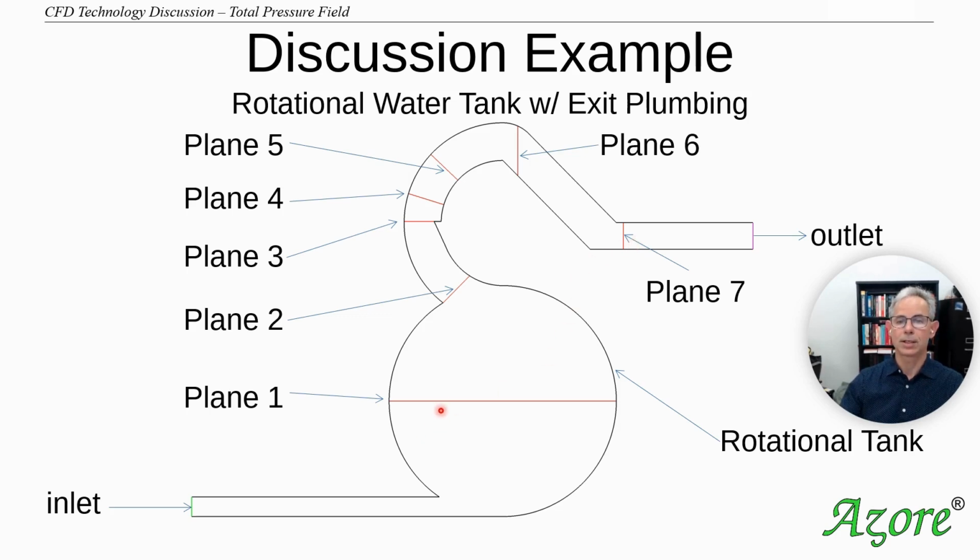We would expect this to have the highest total pressure, and this one is going to be lower, lower, lower, all the way through the system, because there are only viscous and turbulent losses in this system. We're not adding any energy to it. That's what our engineering expectations should be for this particular case. It's contrived for sure to accentuate these problems, but it's a good example to accentuate what I'm trying to get across here.